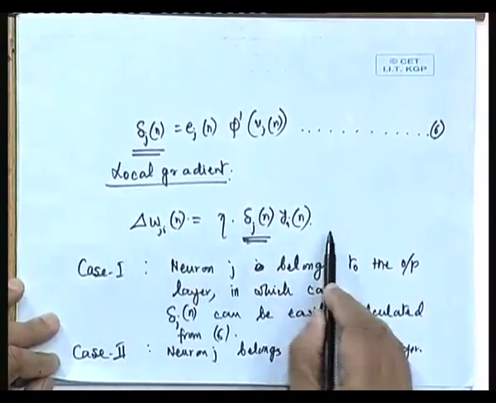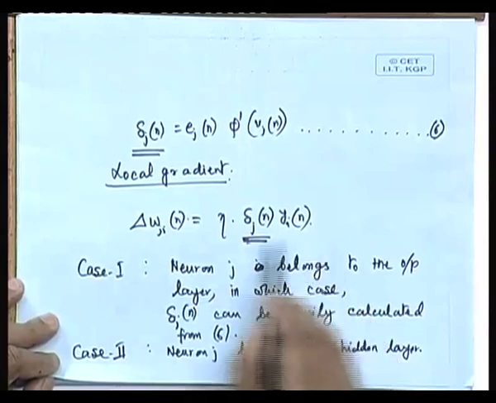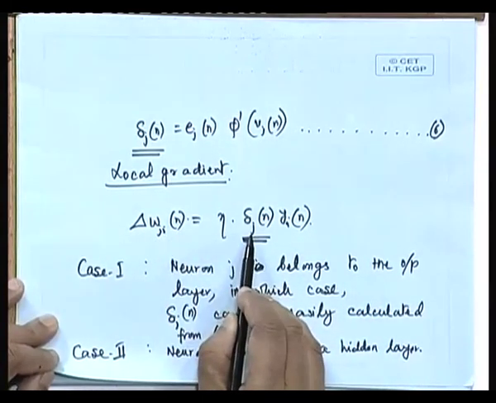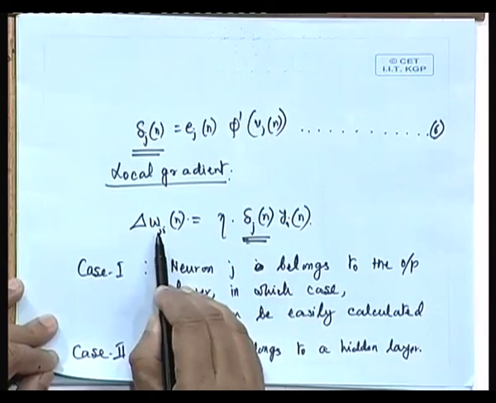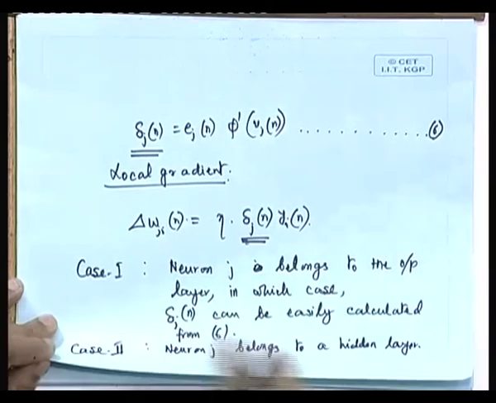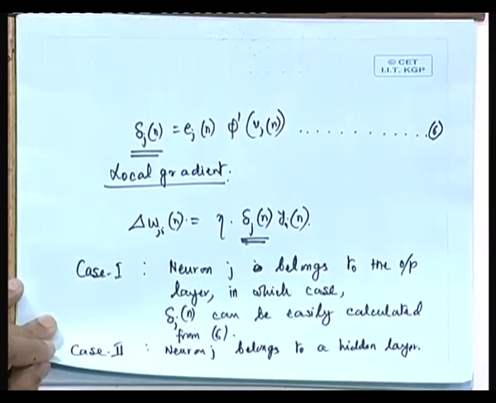Delta J is nothing but the local gradient of the hidden layer neuron J, and if we can calculate delta J for the hidden layer, then simply we will be applying this rule again in order to adjust the weight between jth hidden layer neuron with its preceding ith neuron in the previous layer. Okay.